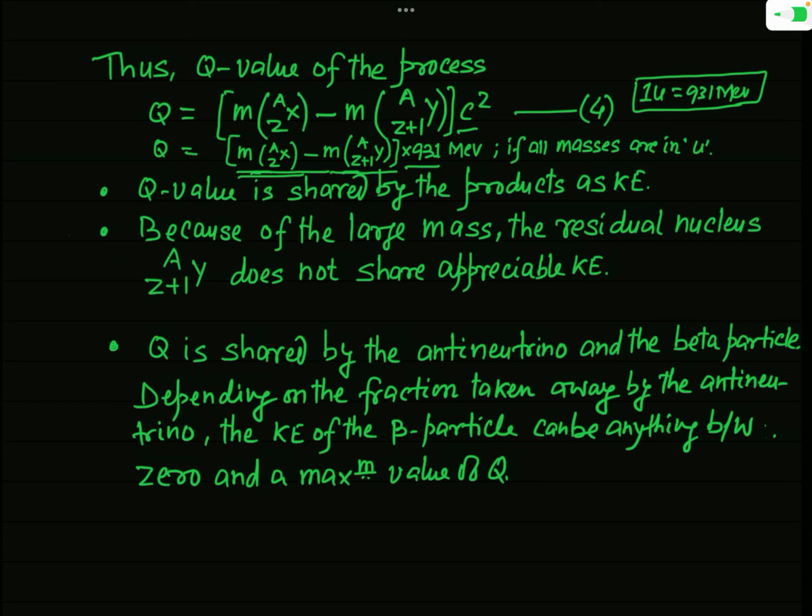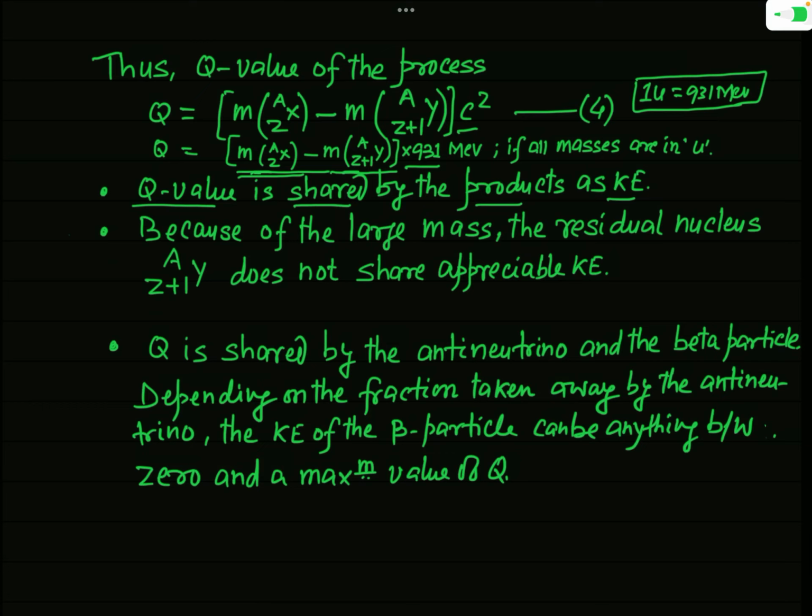Now, as you have also seen in the previous lecture, this Q value which is evolved in this process is actually shared by the products as kinetic energy. And in the products, you have seen there are three constituents. One is the daughter nucleus, another is the electron, and the third one is the antineutrino.